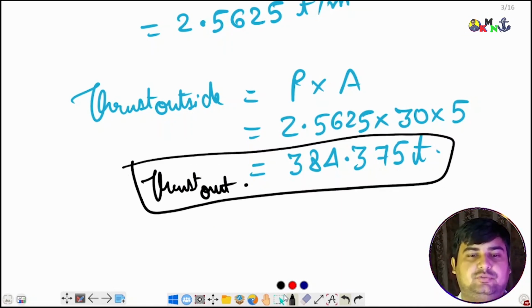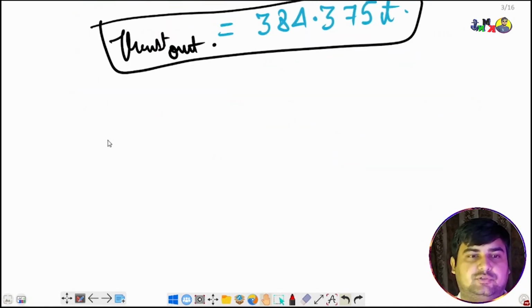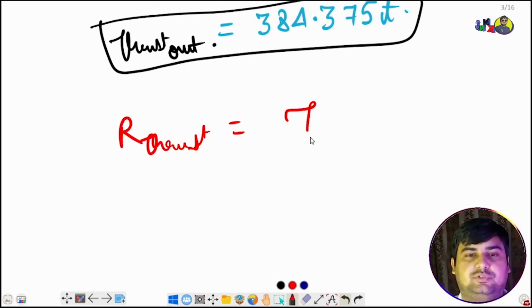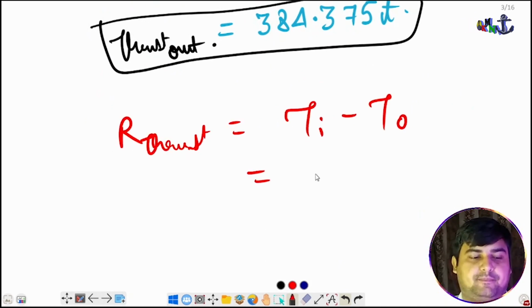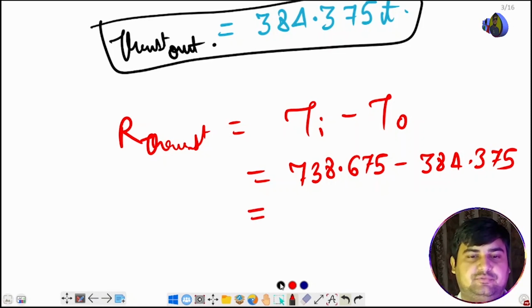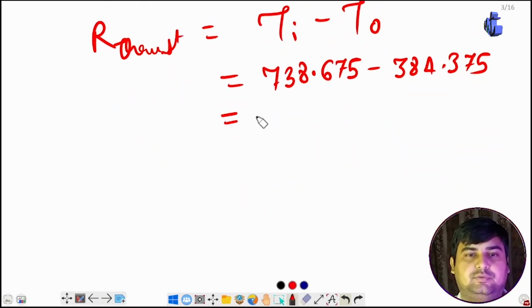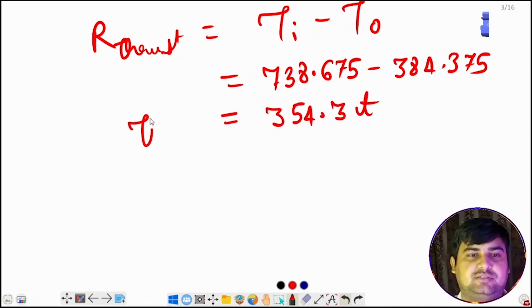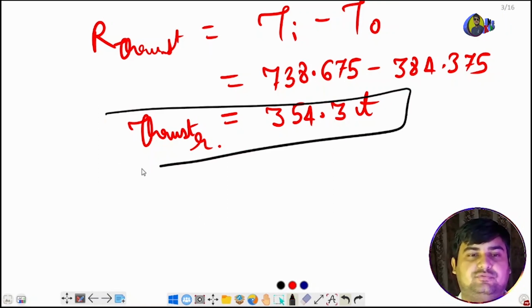But we need to find out the resultant thrust. So we can write, resultant thrust will be equal to thrust inside minus thrust outside. So 738.675 minus 384.375, which is equal to 354.3 tons. So this is the resultant thrust. But we need to mention the direction also. As we know, thrust is acting from inside to outside.